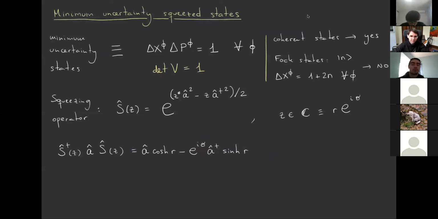So as I say, this is something that you can check yourself, and this automatically implies that if I apply this transformation on the quadratures, and in particular, the simplest one that you can check is the quadratures that go in the direction θ/2.